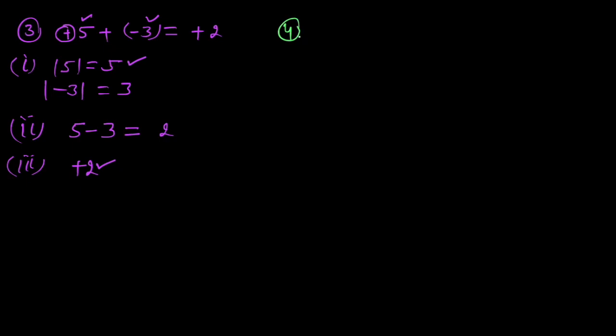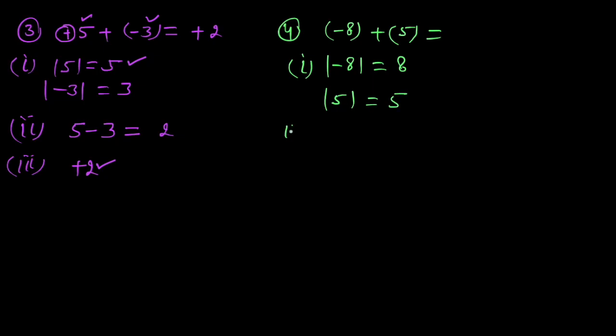In this case, we have -8 and 5. Okay. Again, we can clearly see one number is negative, one is positive. They have opposite signs. Step 1, find their absolute values. And after you find the absolute values, you go to step 2.